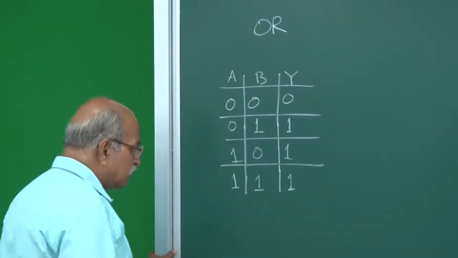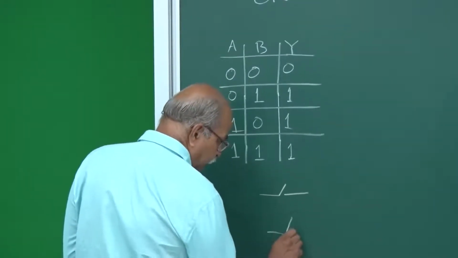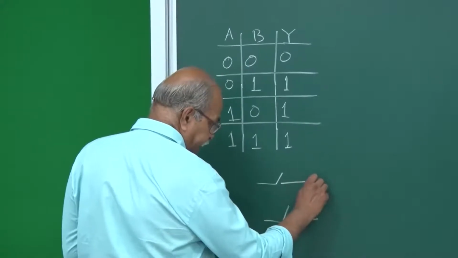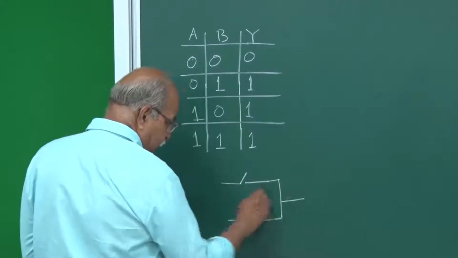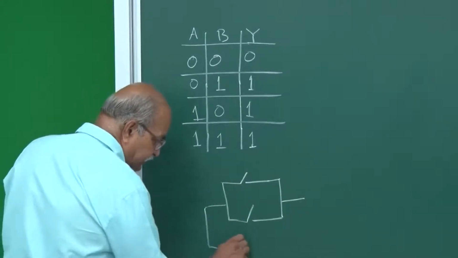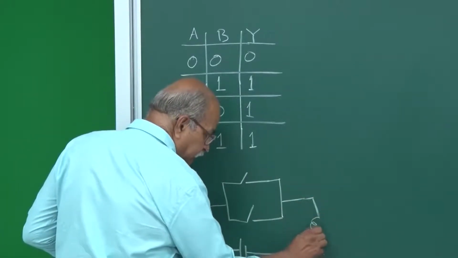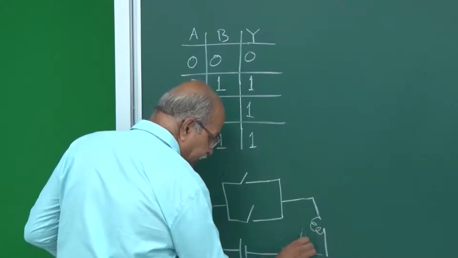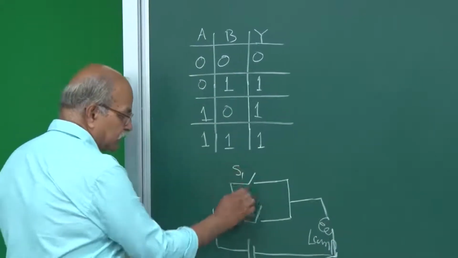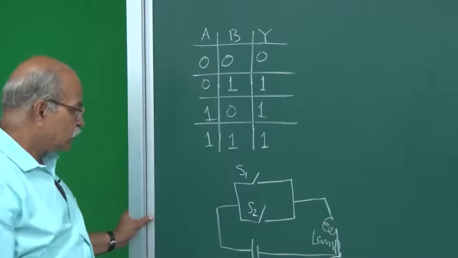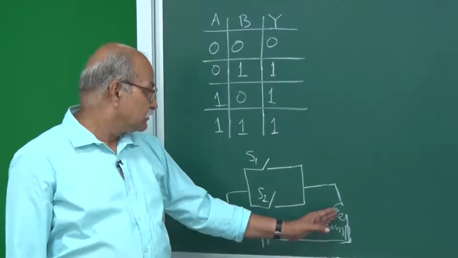If you think of switches, it is like this. You have any of these two is on. Here is the power source, and then here is that lamp. So what will happen? If this switch S1 and this switch S2, if both are open, then the lamp is off.